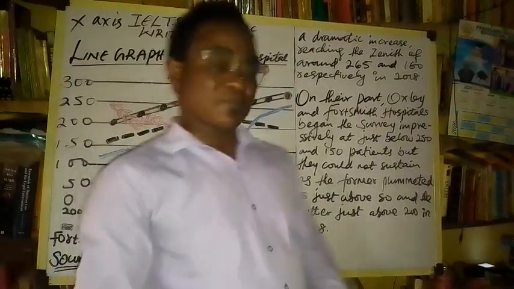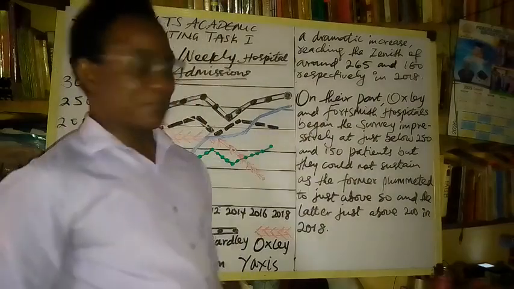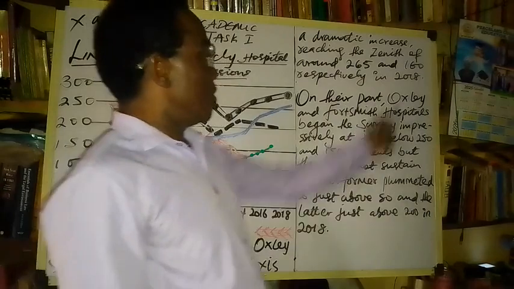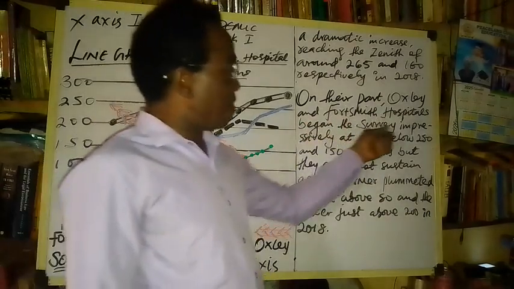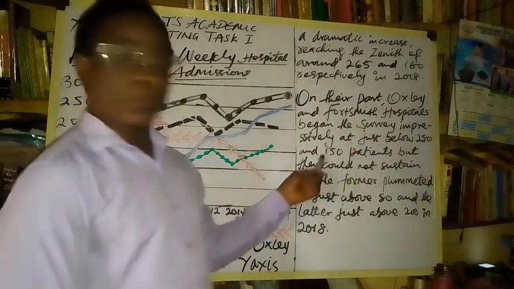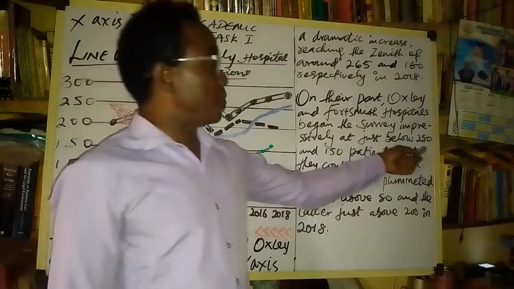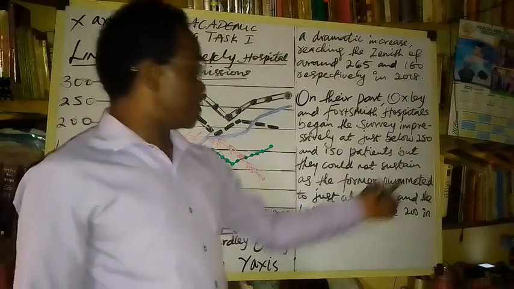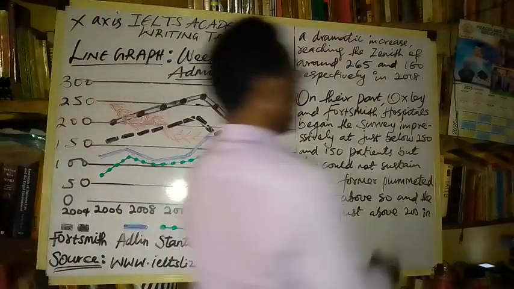And so the last paragraph says, on their part, Oxley and Forsyth hospitals began the survey impressively at just below 250 and 150 patients, but they could not sustain this.